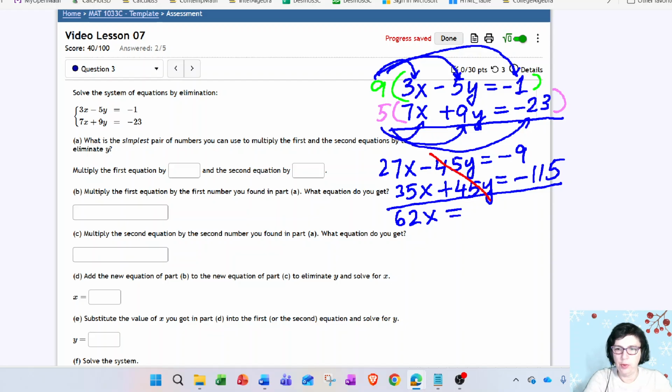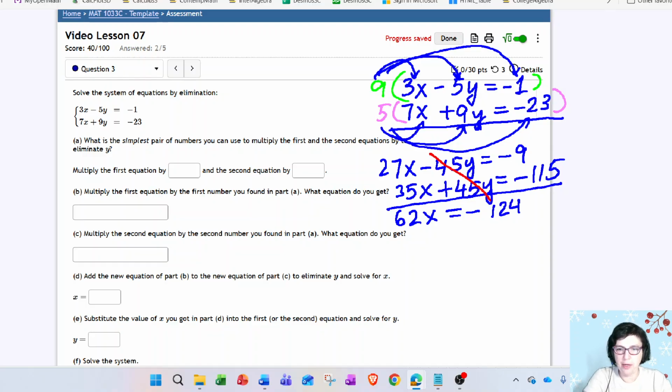x equals, on the other side, we're going to get negative 115 minus 9. So that's going to be negative, so it's really like addition, right? So it's going to be negative 124. But you can check my work by just using a calculator. What is negative 9 plus negative 115?